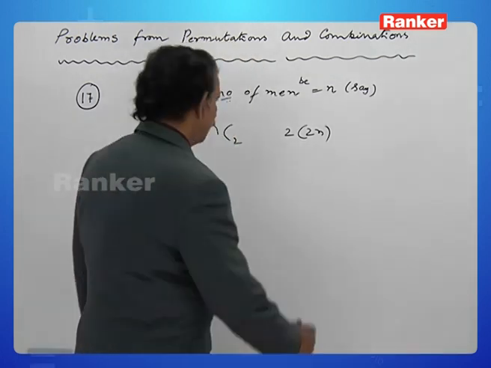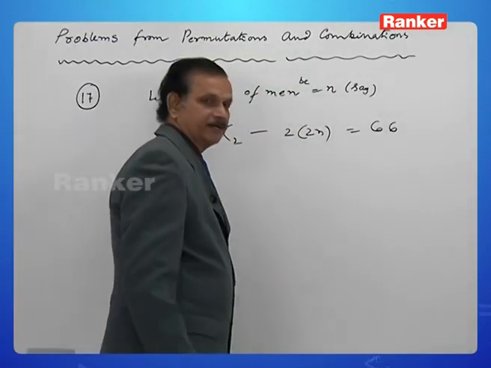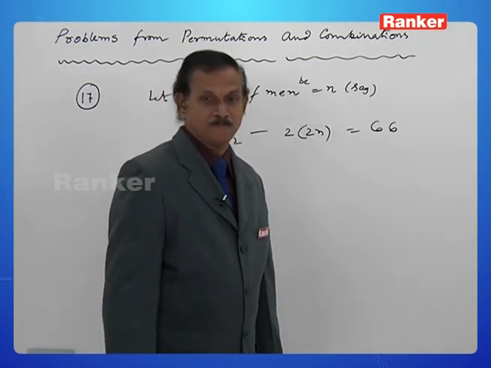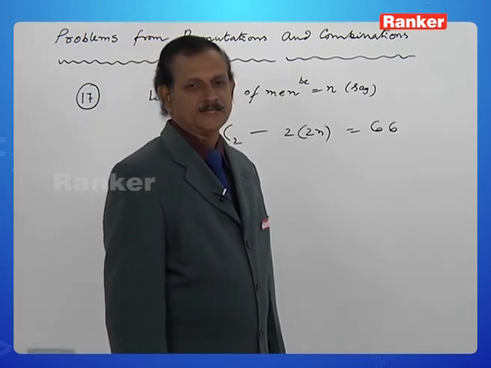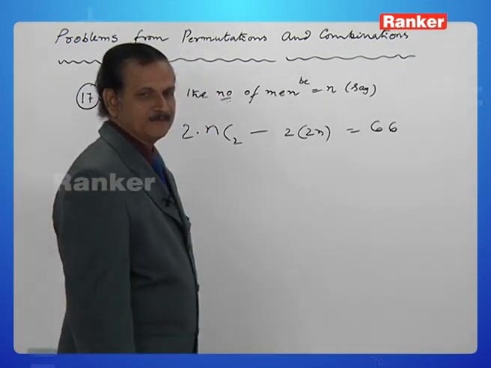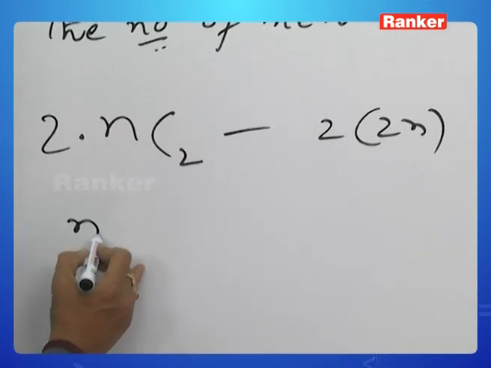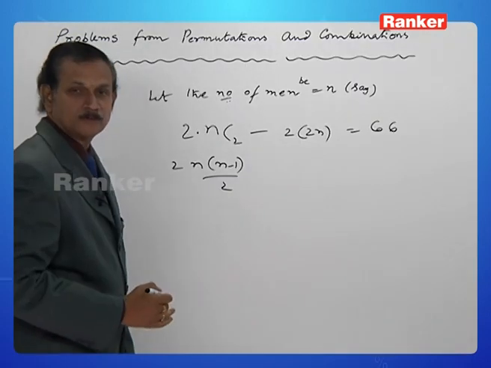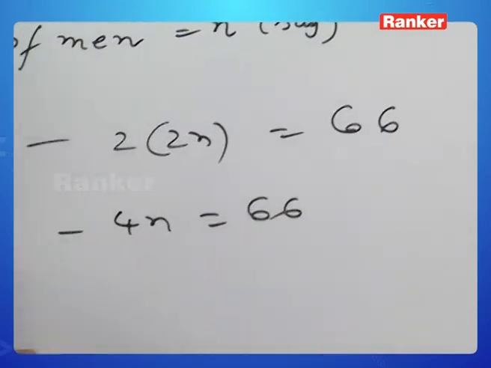And according to the problem, the difference is supposed to be 66. The number of games that the men played between themselves exceeds by 66 the number of games that the men played with the women. Then we want to have the number of participants. Let us see. 2 into nC2 is 2 into n into (n minus 1) by 2, minus 4n is equal to 66.